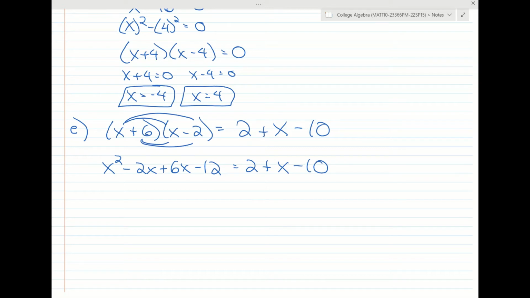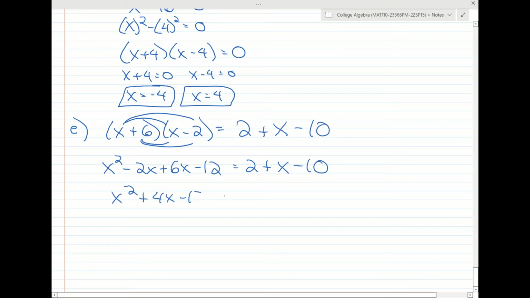So on the test, you want to make sure that you distribute everything, then combine like terms, and then get it equal to 0. So some of these problems take a little more work.